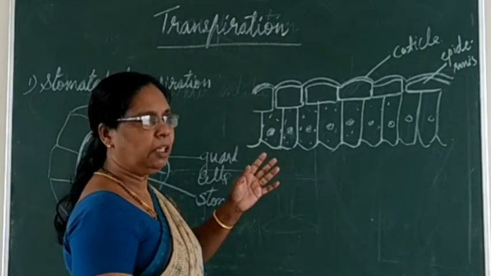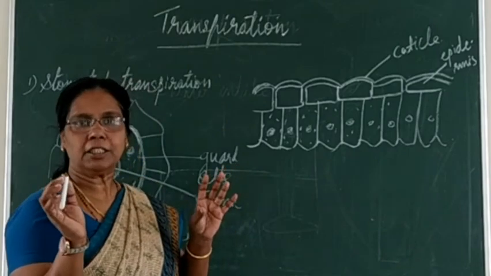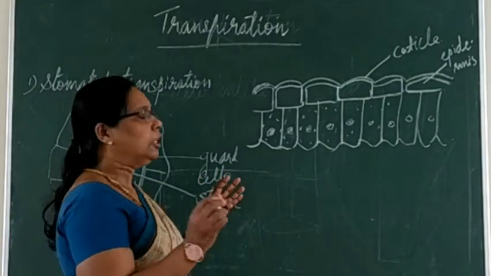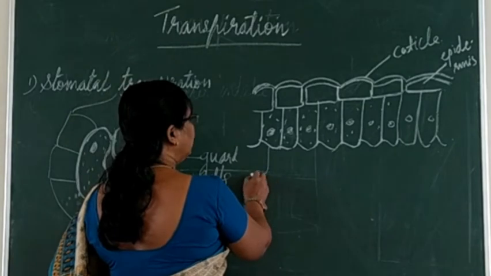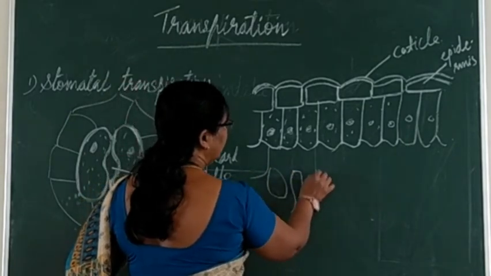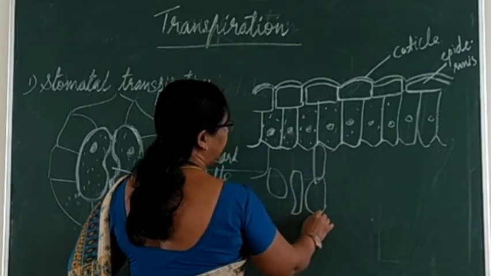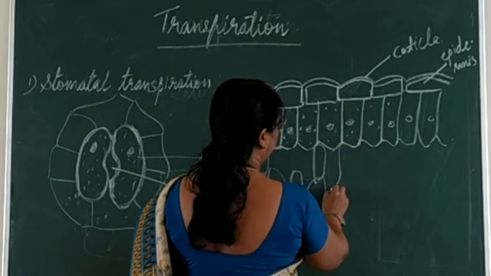Next, below that, from the name itself you know it is spongy tissue. You can see it is very loosely arranged, with long cells, so mostly the cells have intercellular spaces between them.